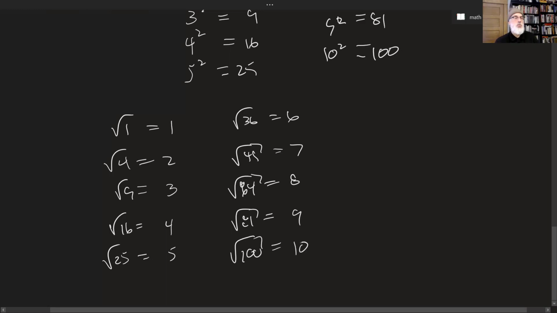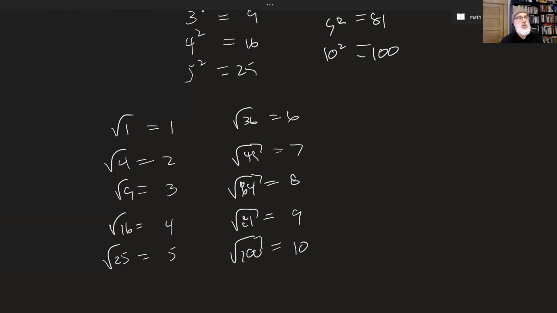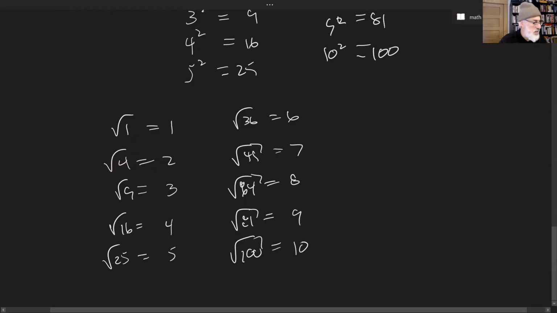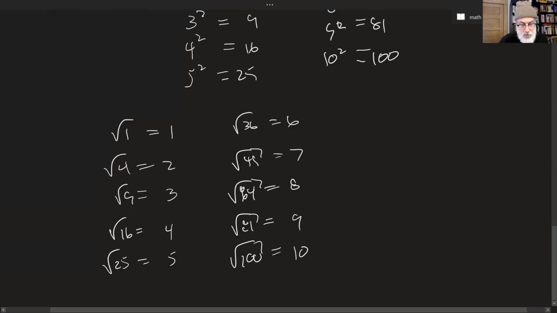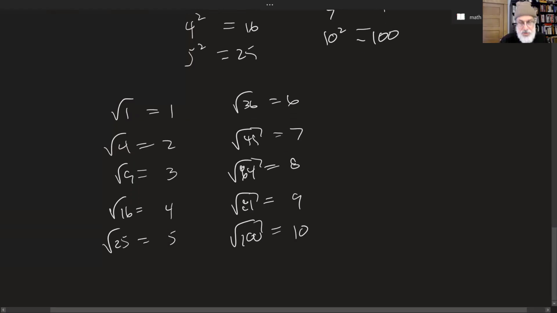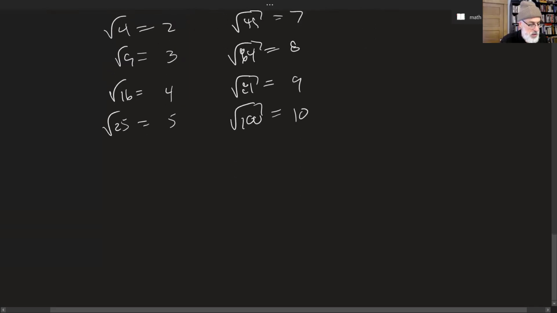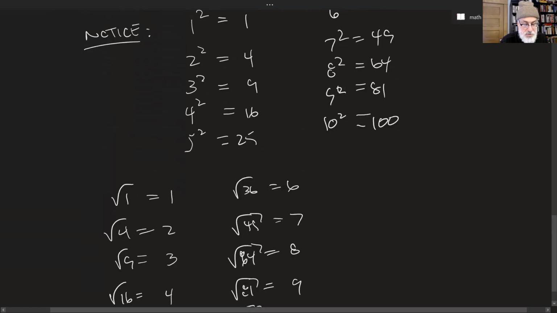When we take the square root of a perfect square, we get an integer back. These are the first 10 perfect squares. Once you know that, you can recognize the square roots a little bit quicker, especially when you're simplifying or reducing them. Knowing this chart helps.